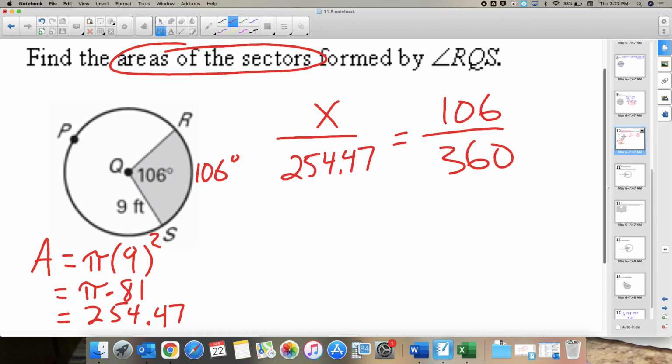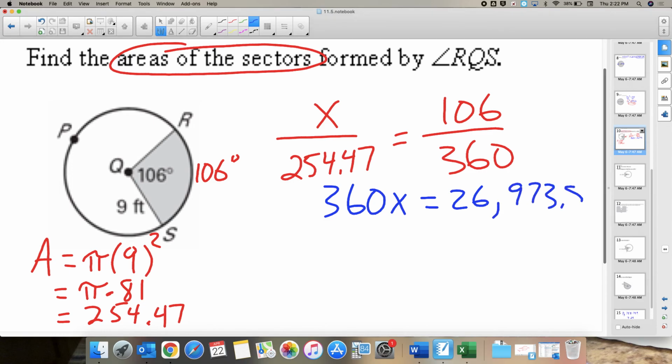So there's our proportion to cross multiply. 360 times x is 360x. 254.47 times 106 gives me 26,973.82.